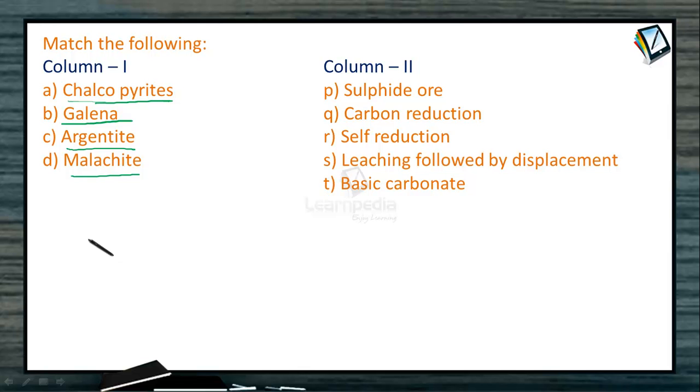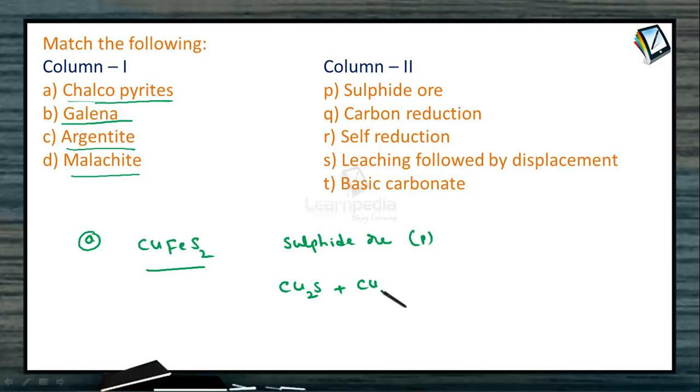When we go for option A, we find chalcopyrites, which is nothing but CuFeS2. In other words, it is a sulfide ore. Therefore, A goes with P. During the extraction of copper from CuFeS2, during the roasting, we also get a certain amount of Cu2O, as we have discussed, so that the Cu2S from the ore combines with the Cu2O formed during the roasting to give copper metal and sulfur dioxide as a self-reduction.